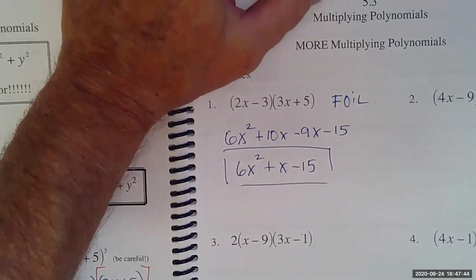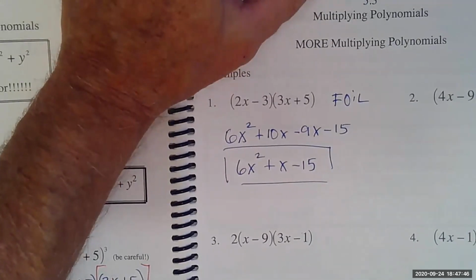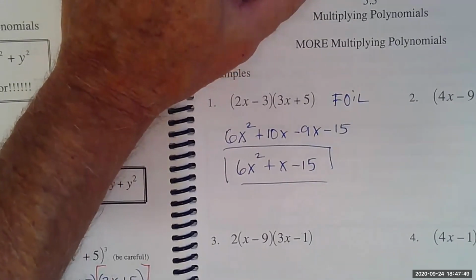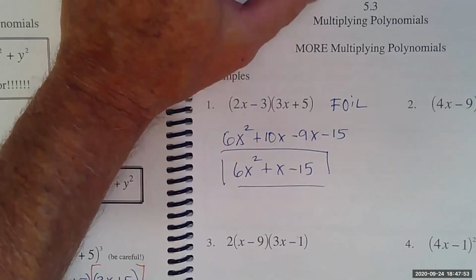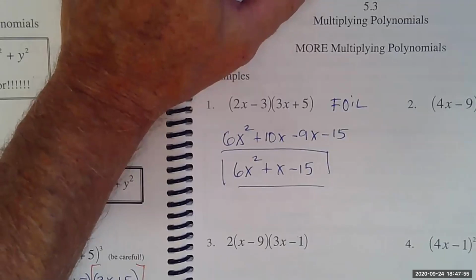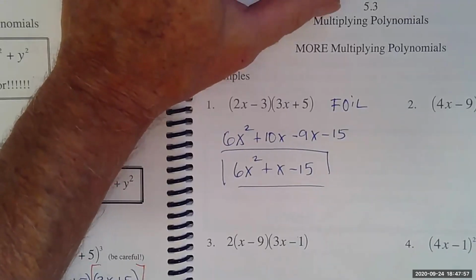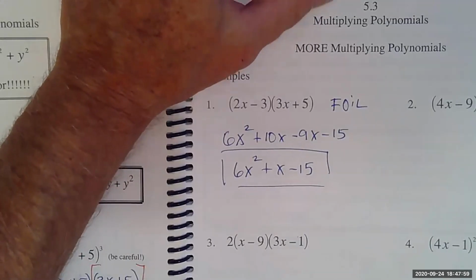Probably not a lot. But you're problem solving because you just learned a process. That's a good thing in job skills, like Betty was talking about her job. So this is chapter 5.3.